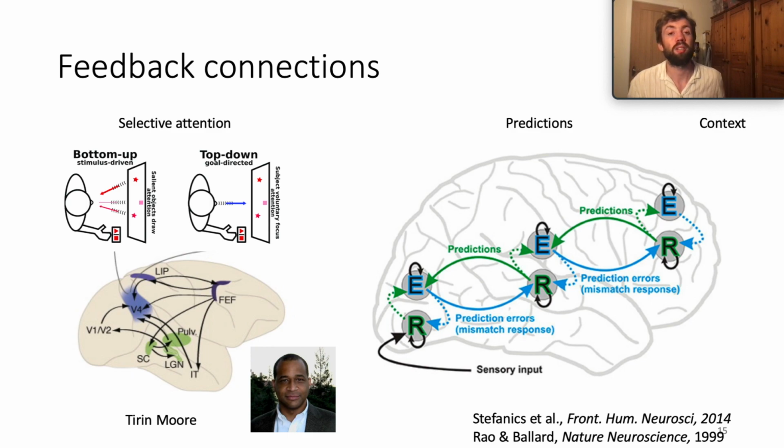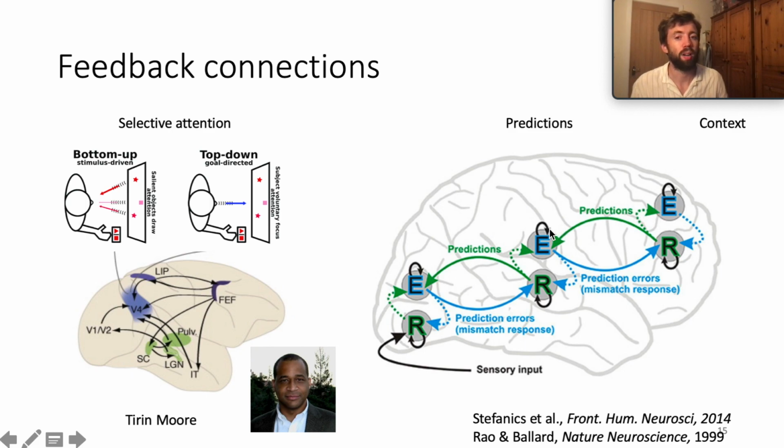Another potential role of top-down connections is in transmitting predictions from higher parts of the cortex back down to earlier parts of the system. And this idea was proposed and beautifully described by Rajesh Rao and Ballard in 1999. They suggested that there are two important streams of information from the top of the hierarchy back down.